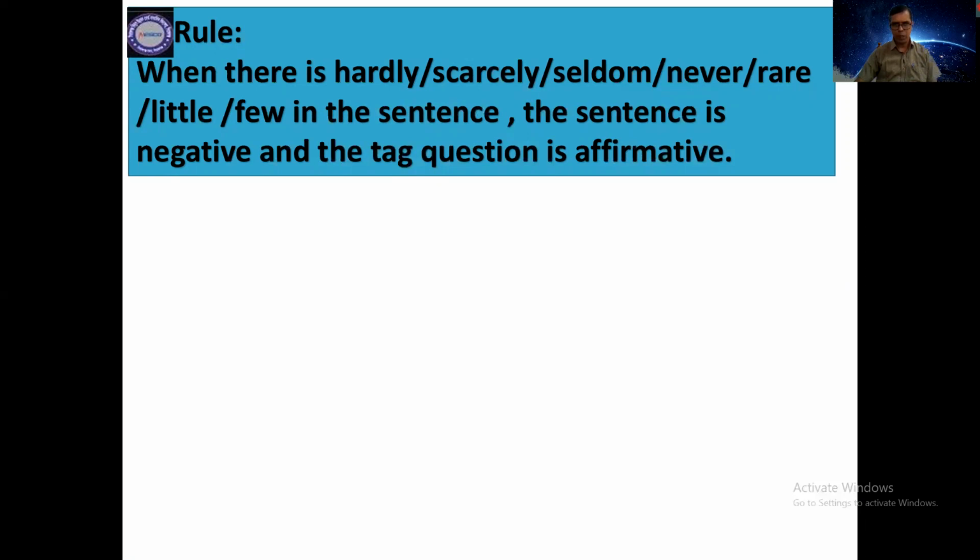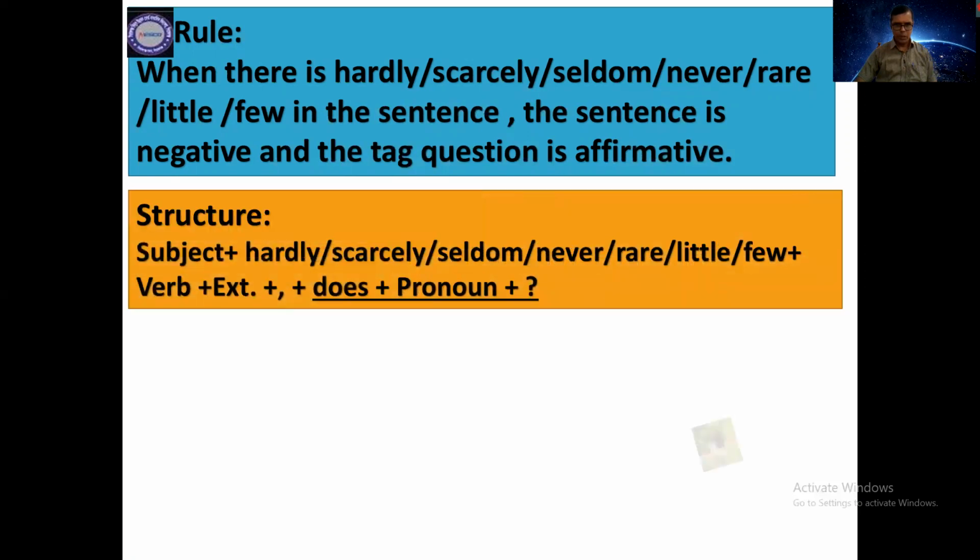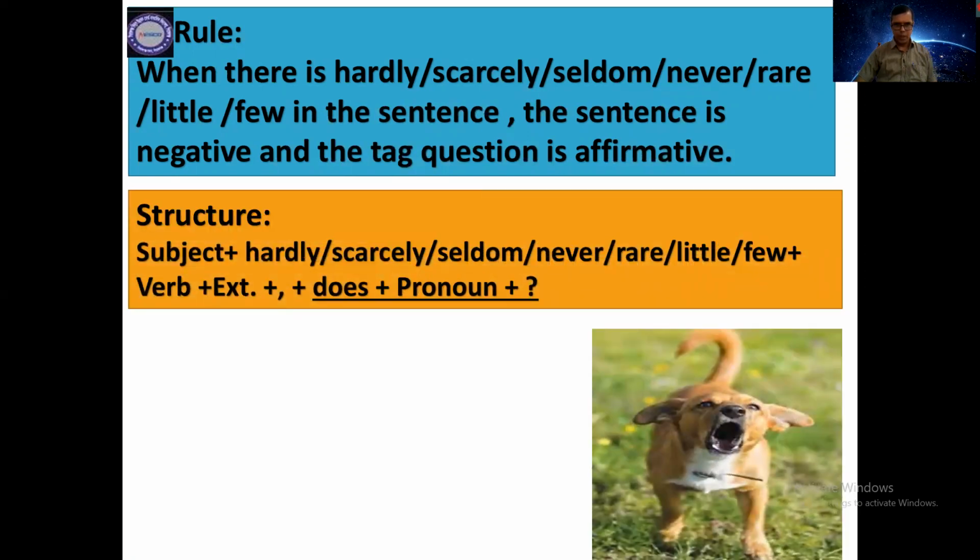It is exceptional. Structure: subject plus hardly, scarcely, seldom, never, rare, little, few, plus verb plus extension, plus comma, plus pronoun of subject, plus question mark.